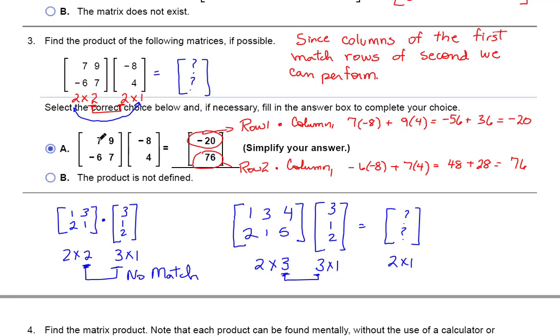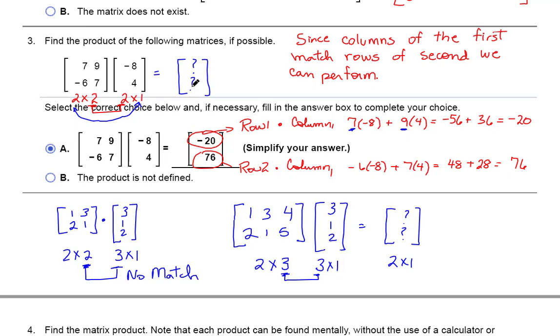So you see I've got a 7 and a 9. Here's the 7, here's the 9. That's from the first row times this column, which is minus 8 and 4. And so that gives me a minus 56. It gives me a 36. I add this together and I end up with a minus 20. And that's how we get this particular position.